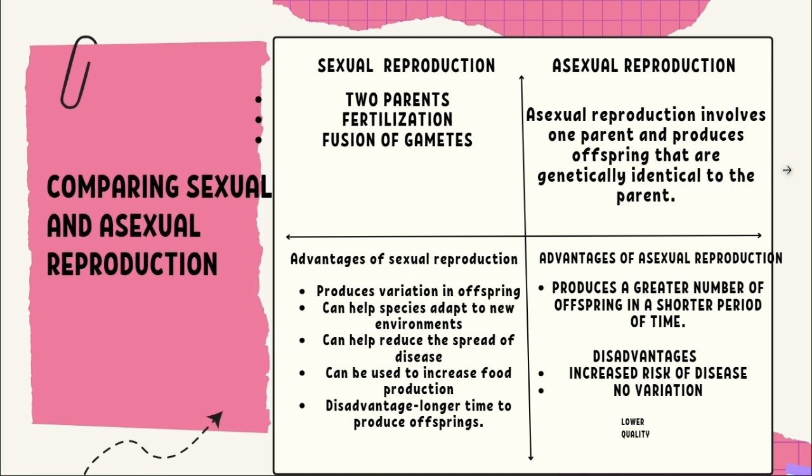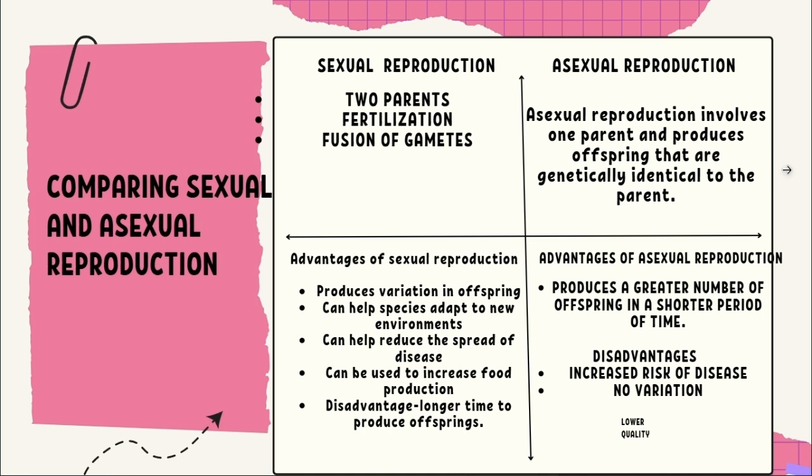So sexual reproduction produces offspring that have variation. And you might say, why does it even matter if there is variation or not? But variation is very important for a species to survive, because variation helps.